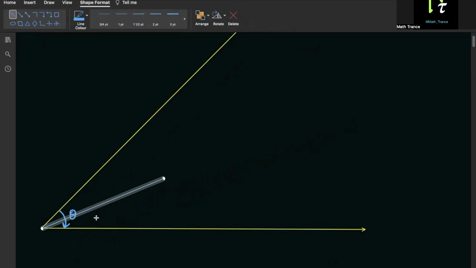Then I'll again come here, which is this angle. So this angle is now theta by 4. Again, I'll go up from here. This angle would be theta by 8.